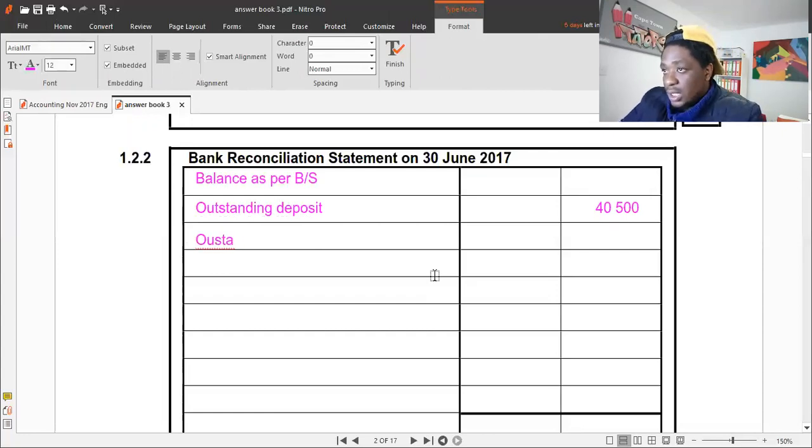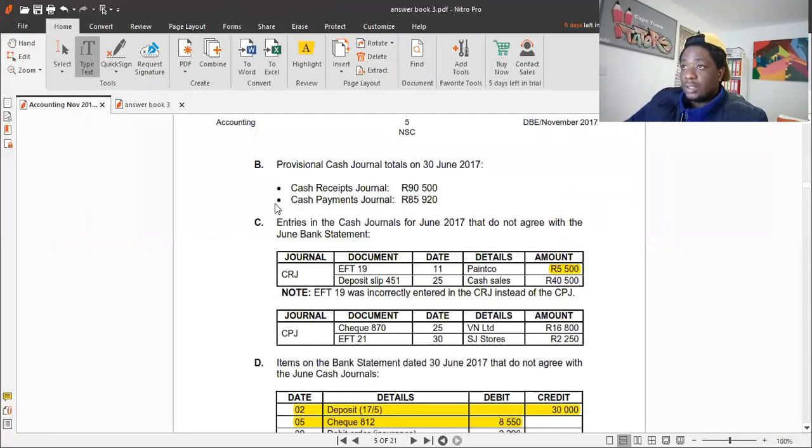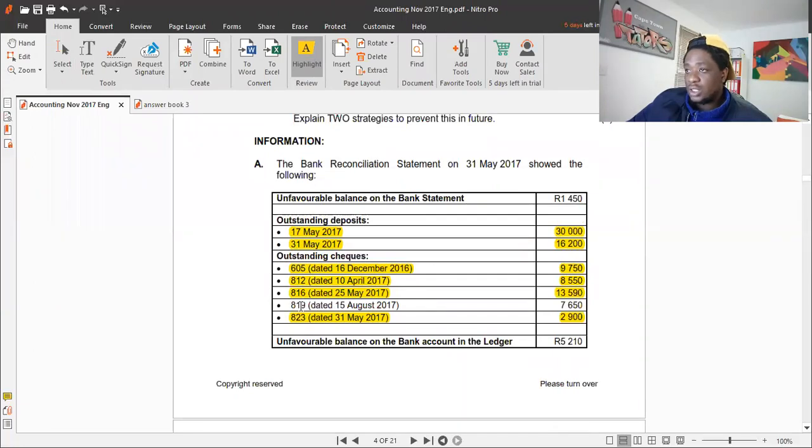And then after that, we're going to do our outstanding checks. The first check that we're going to start with is obviously this one. It is post-dated and it is still not reflected in the bank statement. So it's still a timing difference that exists.